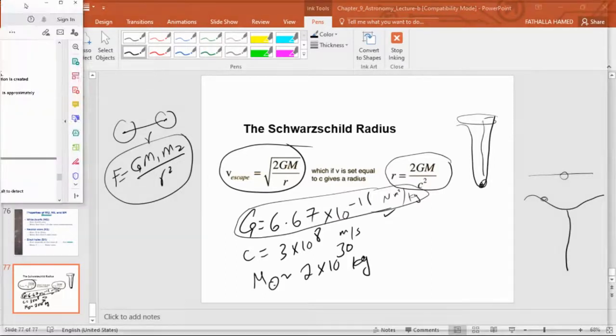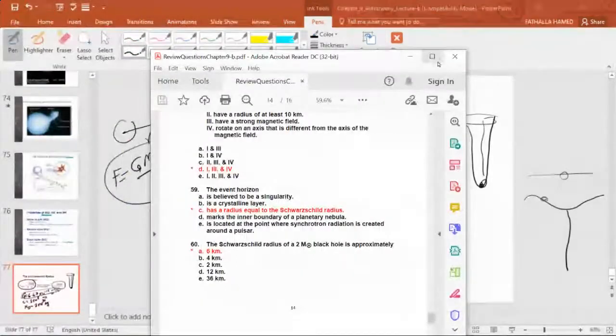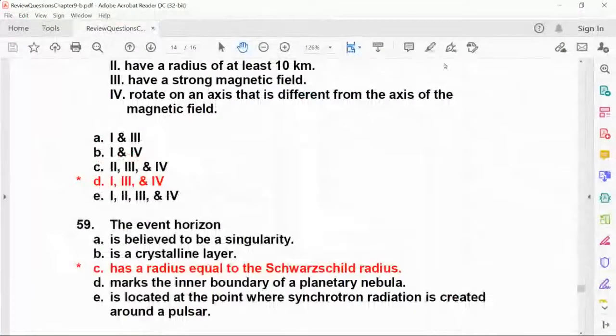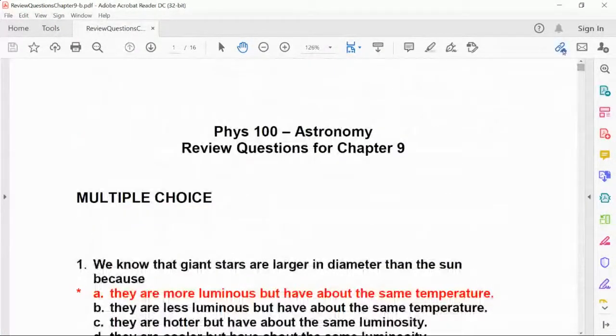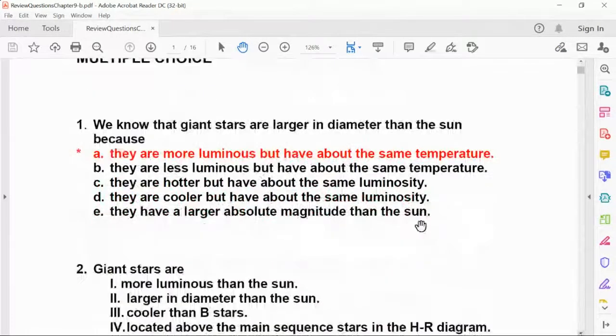And today we're going to look at the review questions. And as I told you, you always look at these review questions as something that you try to understand. The first one: we know that giant stars are larger in diameter than the Sun because, of course, this goes back to your HR diagram.